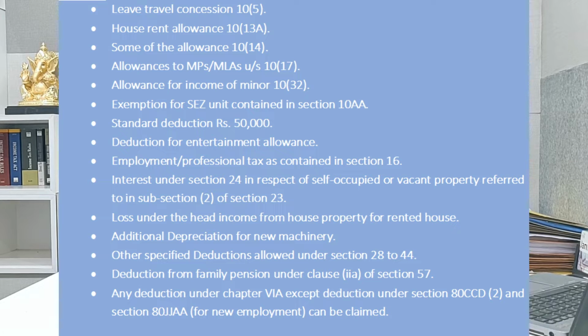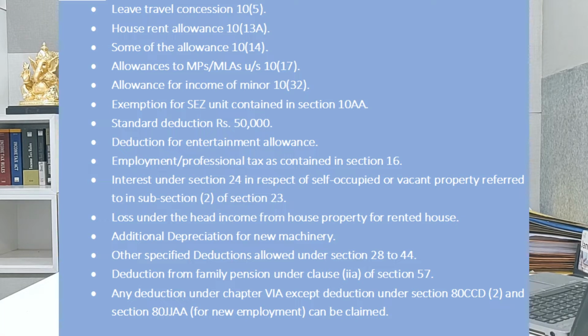Now the next, some of the allowances under section 10(14), allowances to MPs and MLAs under section 10(17), allowances for income of minor under section 10(32), exemption for SEZ unit contained in section 10AA, standard deduction of Rs 50,000, deduction for entertainment allowance and employment or professional tax as contained in section 16, interest under section 24 in respect of self-occupied property or vacant property.